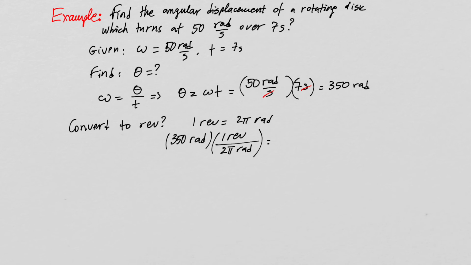The units for radians cancel out, and so this becomes 350 divided by 2 pi, and the new units will be revolutions, and this is equal to 55.7 revolutions. Let's also convert that into degrees.